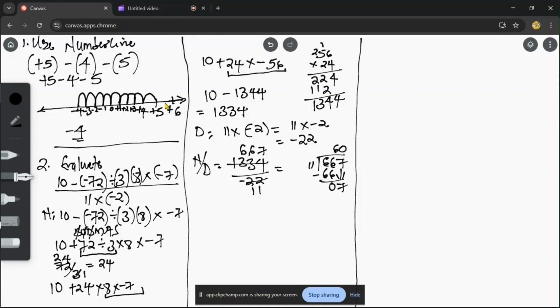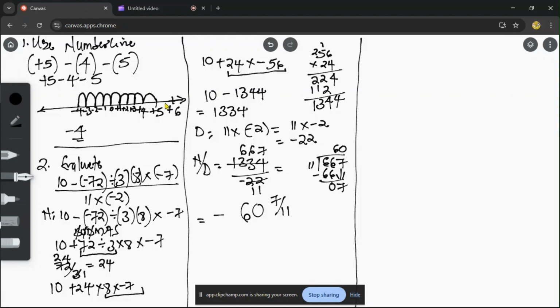Then the remainder here is 7. So my answer, remember this one is a positive, you divide by negative, it is a negative. Then I take 60, remainder 7, all over 11. So that is when the numerator is like this.